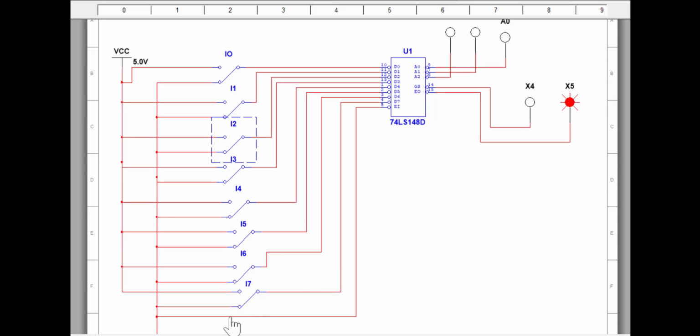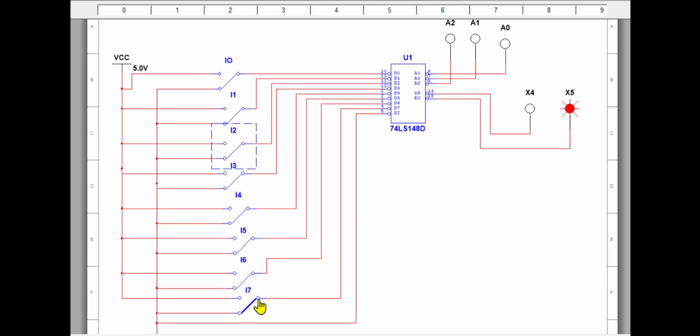Since D7 is activated, the D7 output will appear because D7 is the highest priority. When D7 is off, it goes to D6 because D6 is then the highest priority. If I switch off D6, priority goes to D5, and if I switch off D5, then it goes to D4. If I switch off D4, then it goes to D3. If I switch off D2, it goes to D1.